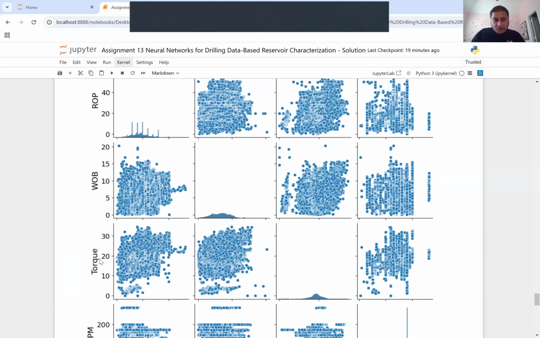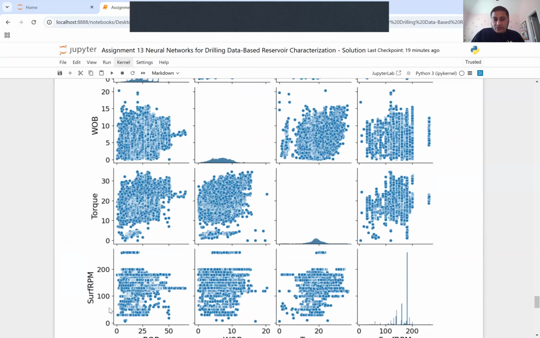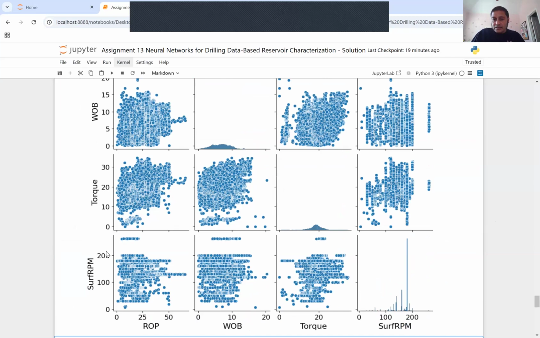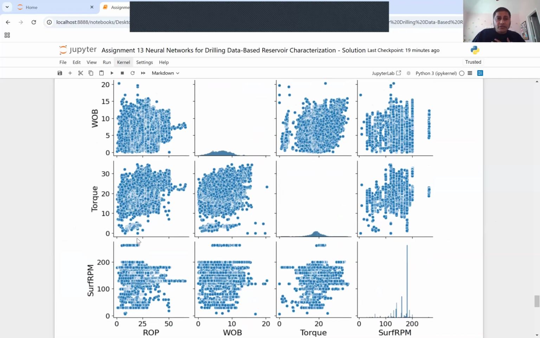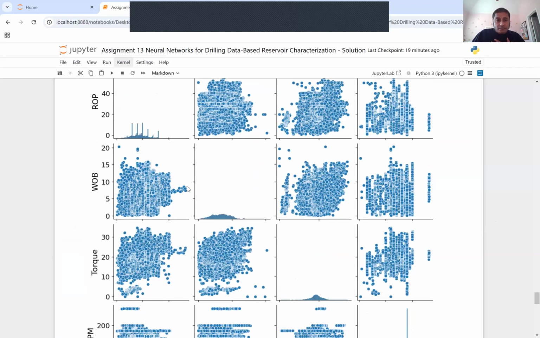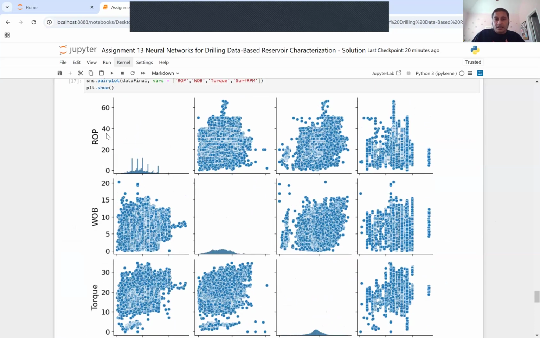And we can see the torque values, we can see the weight on bit values, we can also see the RPM values, and we can see largely the RPM values are between approximately 20 or 30 RPM going all the way to 200, with a few points slightly higher. Up over here, the weight on bit, most of the points seem to belong, and likewise with the ROP as well.